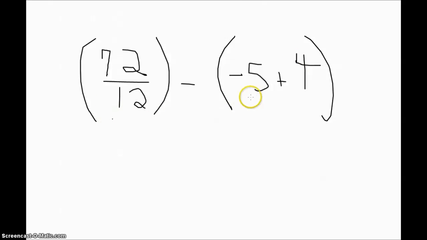So we can do either of these first as long as we do whatever is in these parentheses first. So 72 over 12 is 6. Okay. And then negative 5 plus 4 is negative 1. So we have 6 minus negative 1, which would just be plus positive 1. So we have 7.